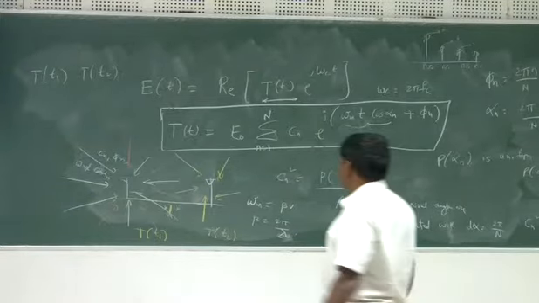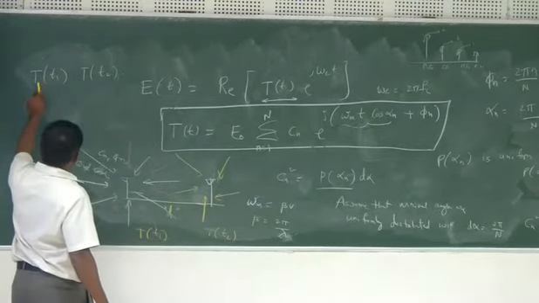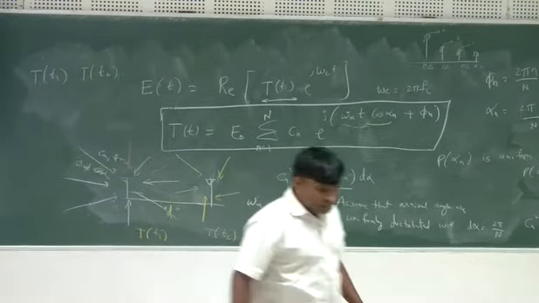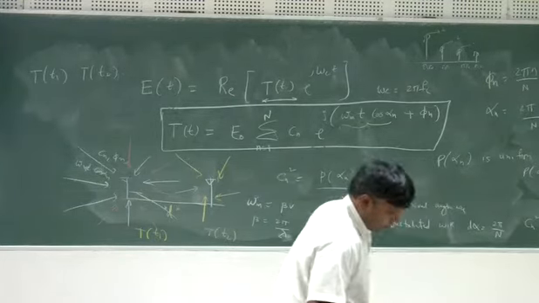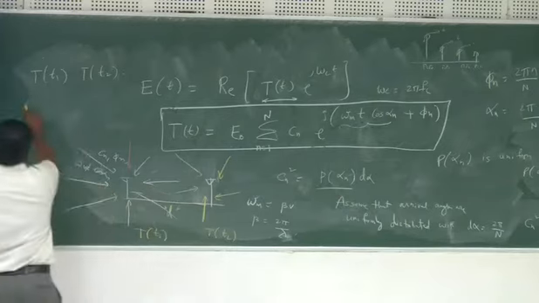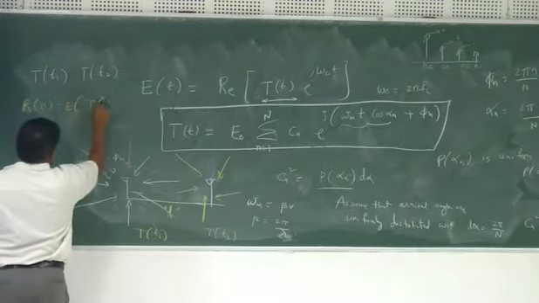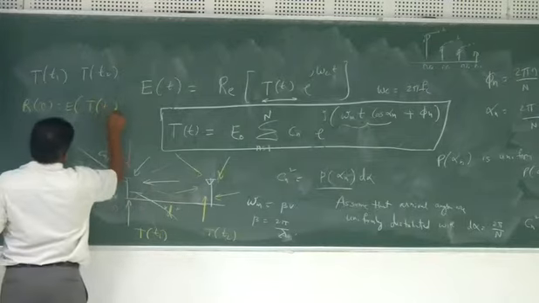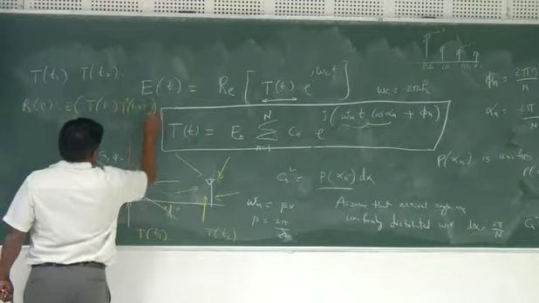Now we can think of the autocorrelation between T of T1 and T2. In other words, we can formulate the autocorrelation function R of tau with respect to the value of T, of T of T plus tau with a conjugate sum.